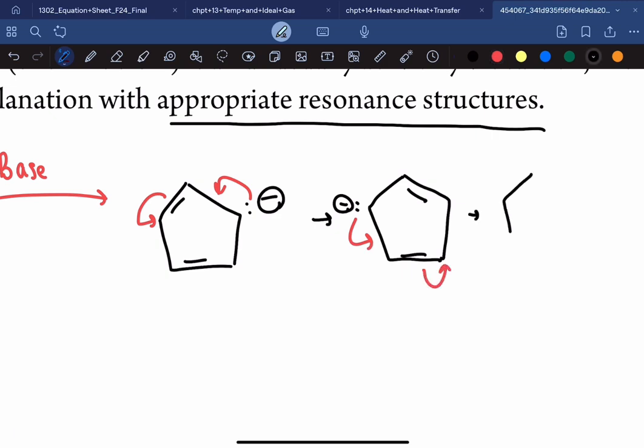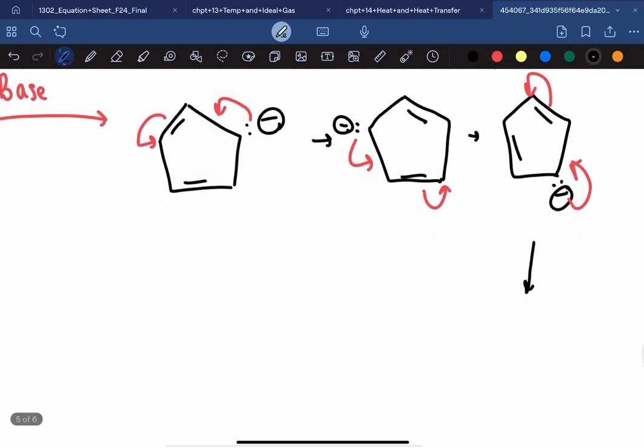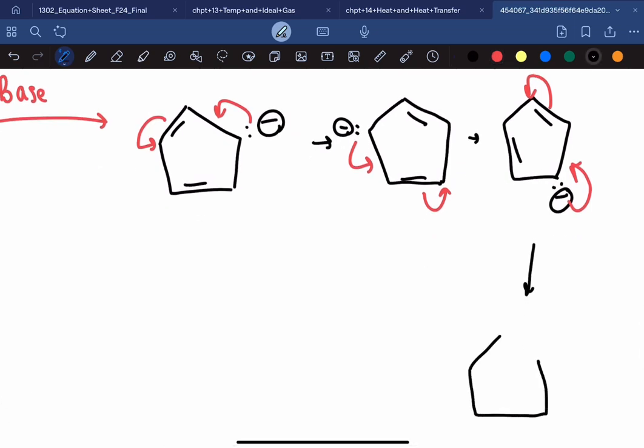So now we got this, like this. And this is minus here now. And then similarly, you can do it again, right? You can move this here and move this here. And that'll give you this. It'll be like this and this. And the minus will be here.